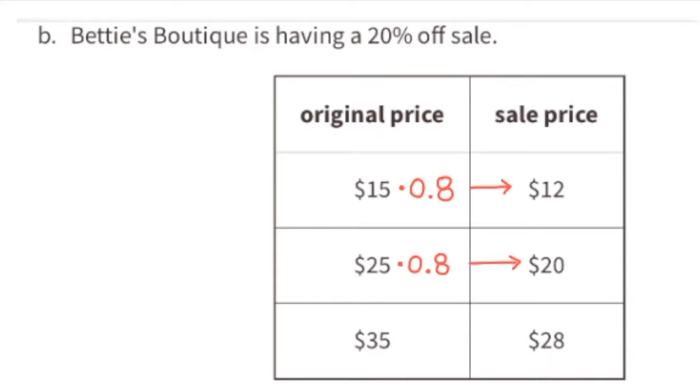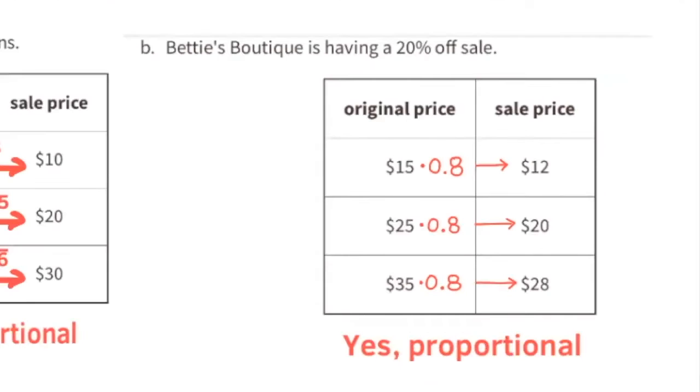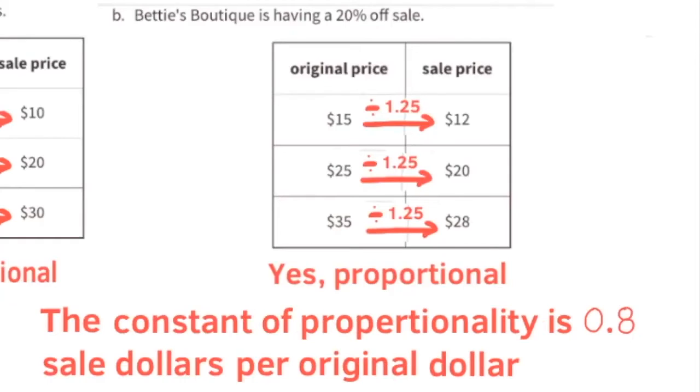And finally, the original price, $35, is 0.8 times larger than the sale price, $28. Yes, Table B is proportional because the original price is constantly the same times larger than the sale price. For Table B, the constant of proportionality is 8/10 sale dollars per original dollar.